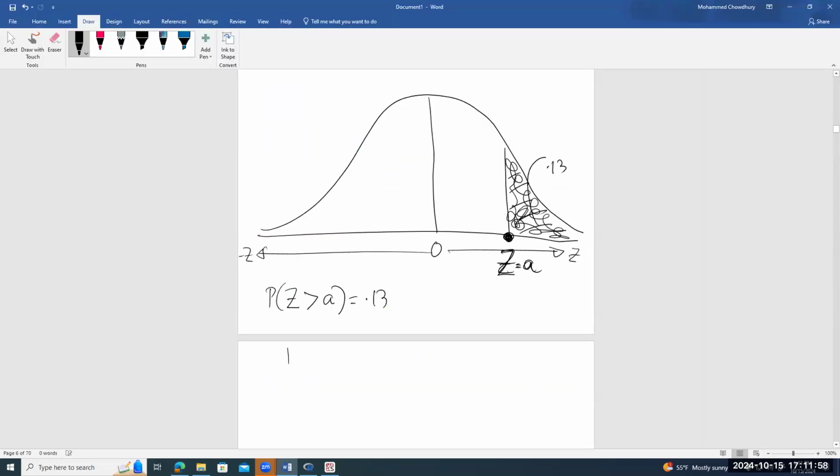So by looking at the Z table, we get A equal to 1.125.